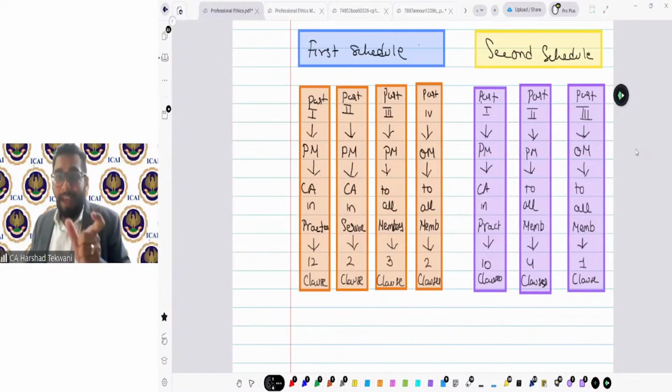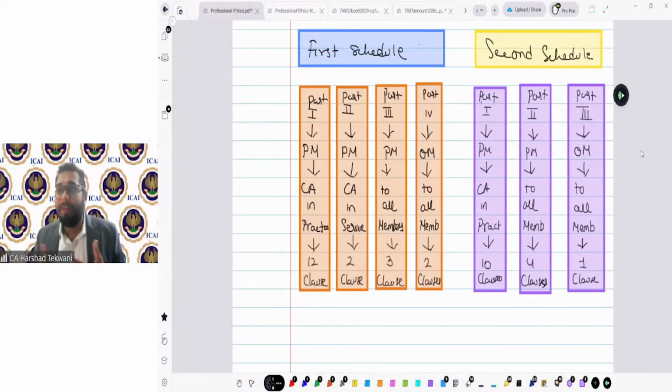Now, where it is written that it is not allowed? That is written in clause 1 of part 1 of first schedule. So if you do anything which is contained in the clause, then you can be held guilty of professional misconduct or other misconduct as per the type of part or clause it is.